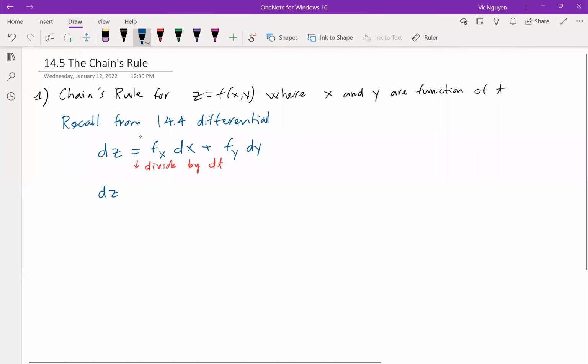So we have dz over dt equals fx dx over dt plus fy dy over dt. Well, this is the same as taking the derivative with respect to t.